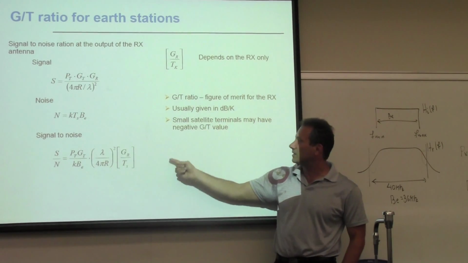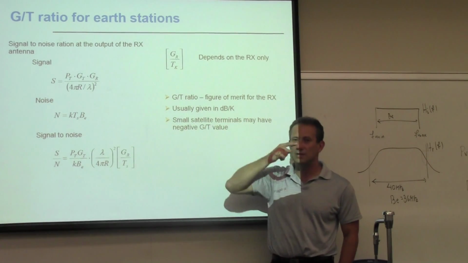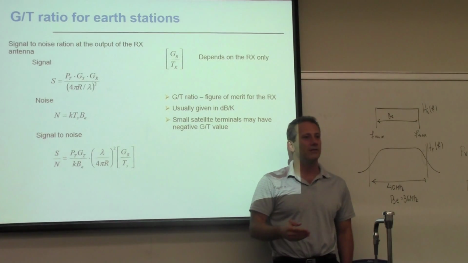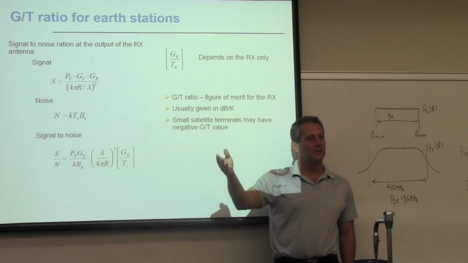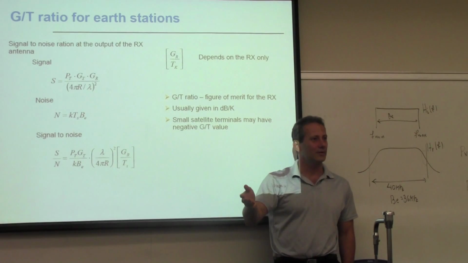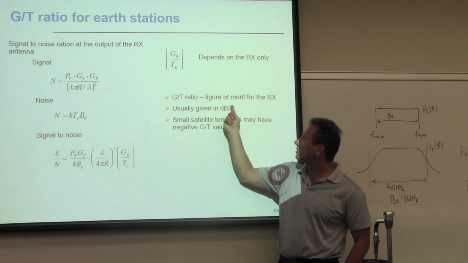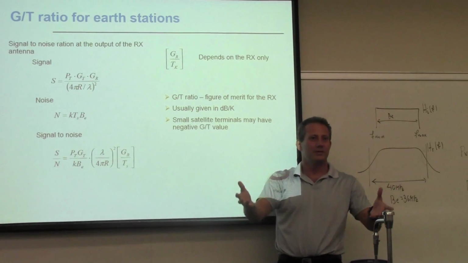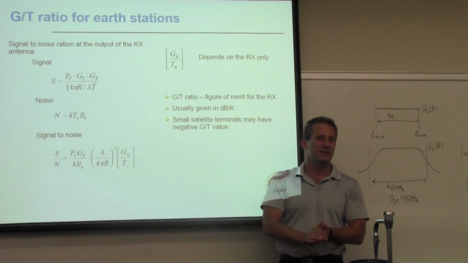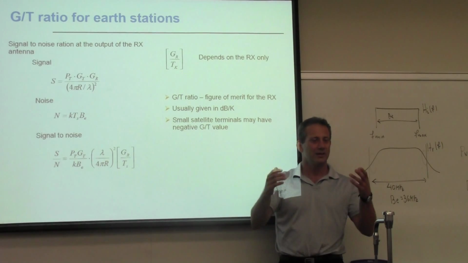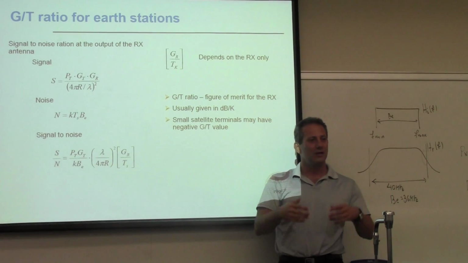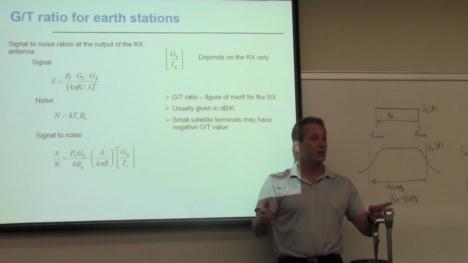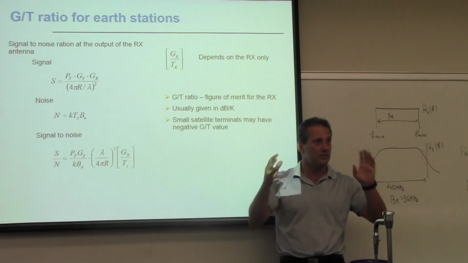In other words, if G over T is, say, 10 dB per Kelvin, I don't multiply that by 10 Kelvin to get 10 dB, right? That makes no sense. This whole thing is one symbol. You take the ratio of G over T, and you take 10 log of that ratio, even though it's not unitless, but it's okay.